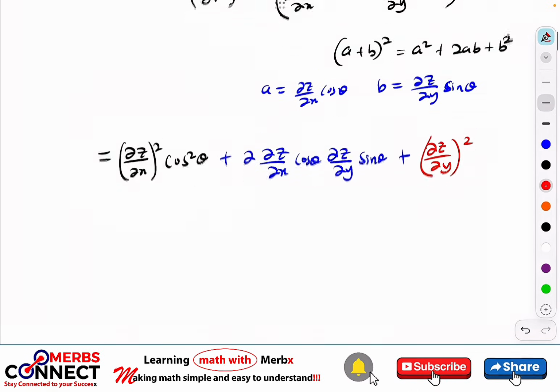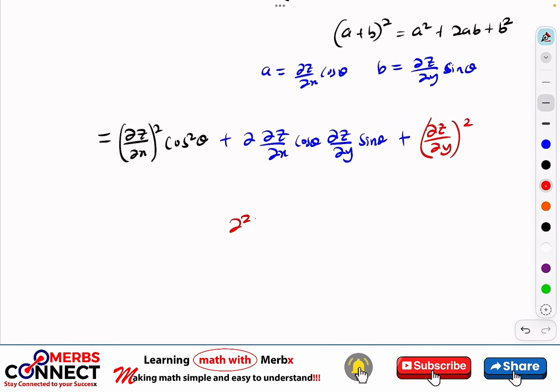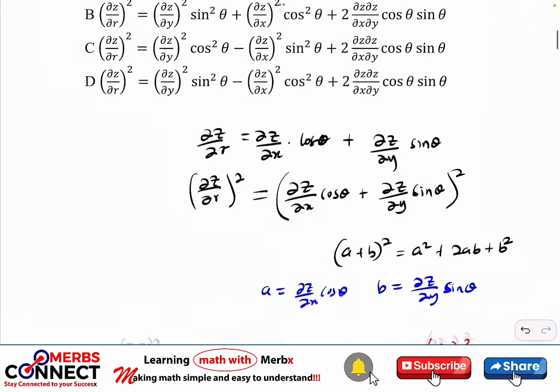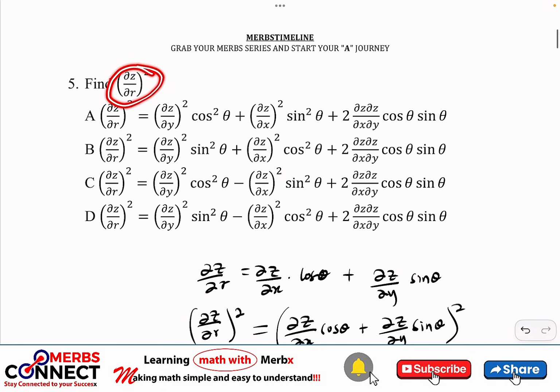Now, mind you, this partial of z squared divided by partial of y squared is not the same as this. That's why this does not mean differentiate the function twice.